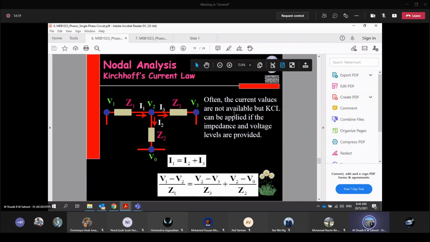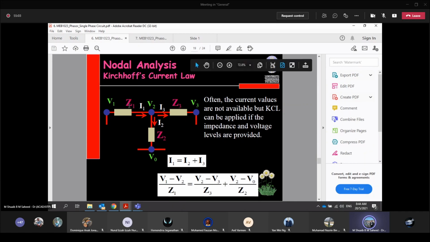Current, the available current can be applied. Whatever it is, if you need to find either the current, impedance, or voltage, not necessarily just the current. If they give you current, they can also ask you to find the impedance.